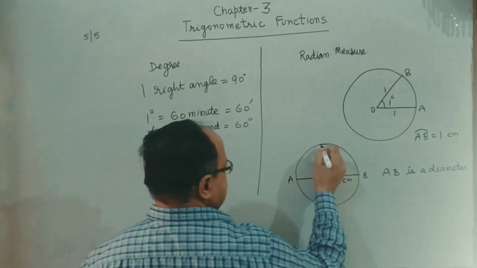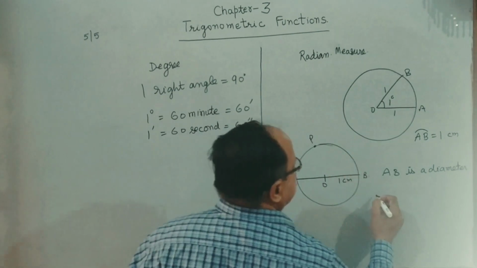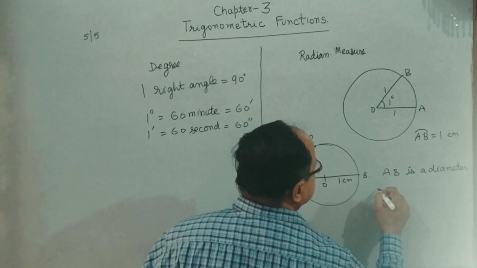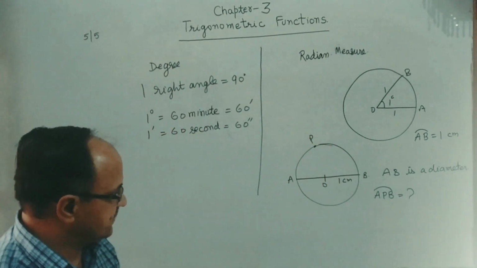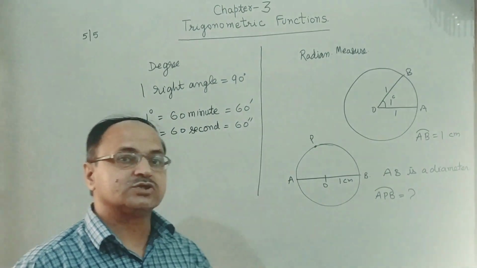Now can you find the length of the arc APB? Can you find this? AB is a diameter. Diameter is the longest chord of the circle.